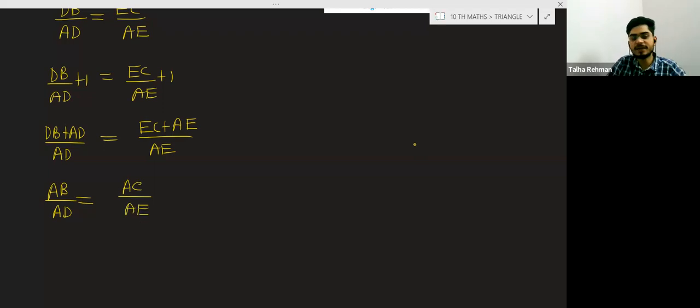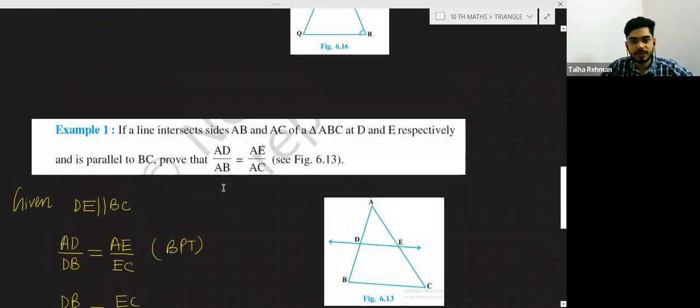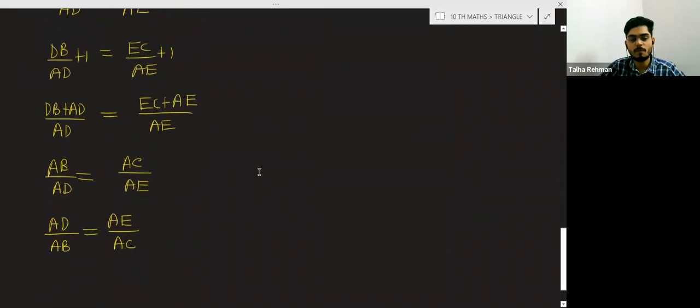Then again take the reciprocal. This will become AD divided by AB is equal to AE divided by AC. Check the answer: AD/AB = AE/AC. Finish.